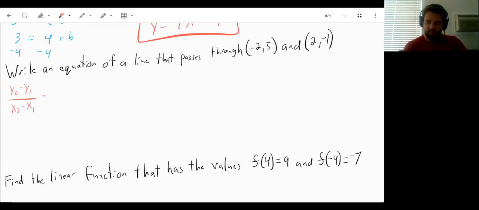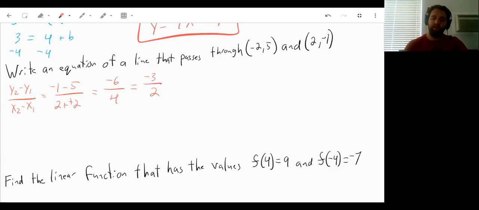So our y2 is a negative 1 minus 5 over 2 minus negative 2. Well, negative 1 minus 5 is going to give us a negative 6, and 2 minus negative is the same as a plus, positive 4. So we're going to come out with a negative 6 over 4, which could reduce down to a negative 3 over 2. So now we have our slope.